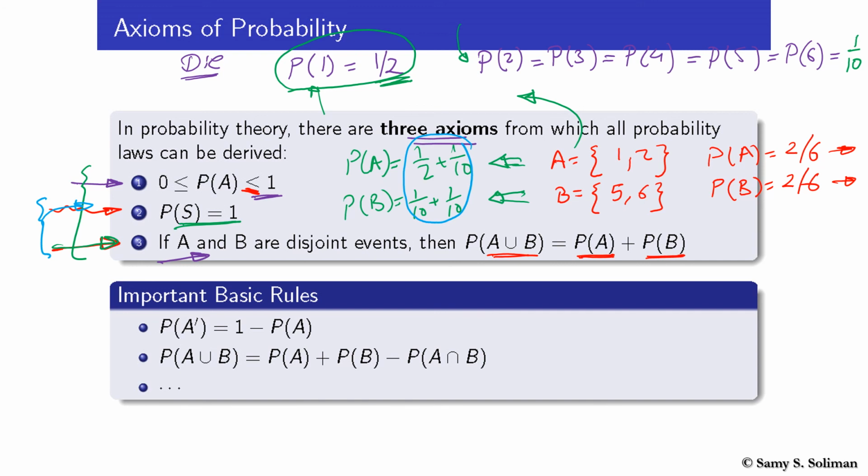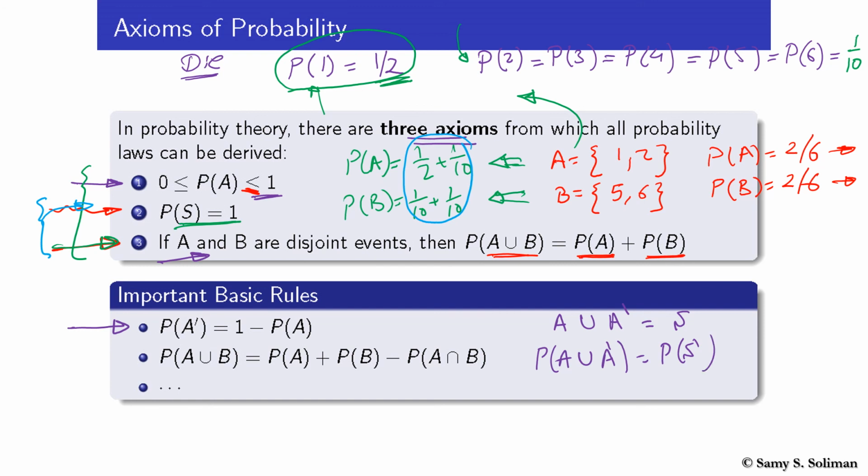From these axioms, some basic rules arise. The first of them is that the probability of a complementary event is equal to 1 minus the probability of the event. And again, this can be proven using the axioms of probability, because we know that A union its complement is equal to the sample space. So the probability of A union its complement is equal to the probability of the sample space.